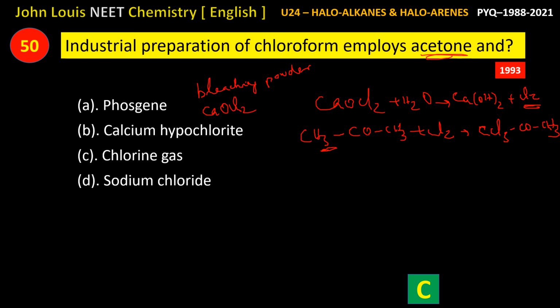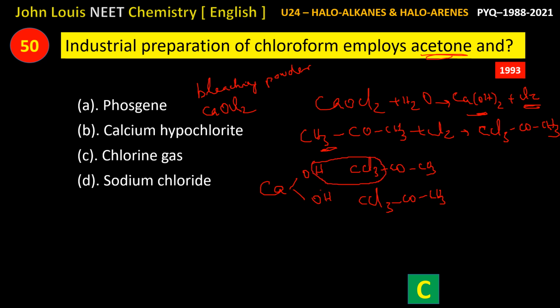Now this trichloroacetone will react with calcium hydroxide, Ca(OH)2, to give chloroform. Trichloroacetone is CCl3COCH3. Now the hydrogen will combine with CCl3 to form chloroform, and this will form another chloroform, CHCl3.